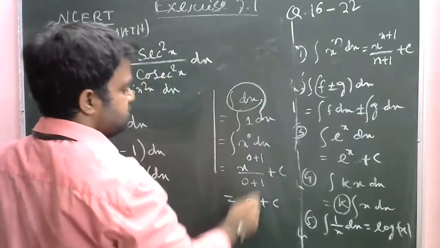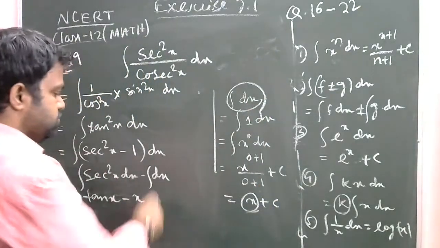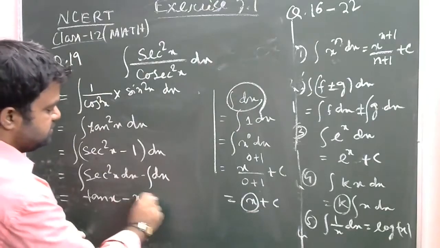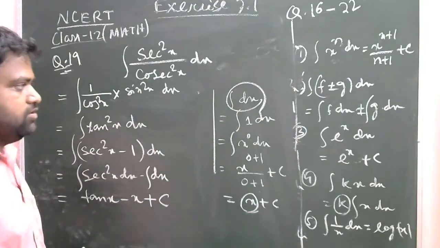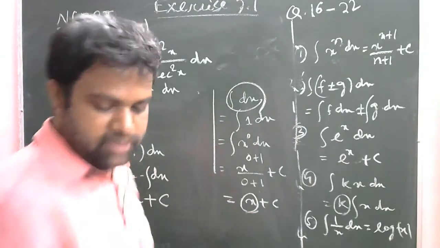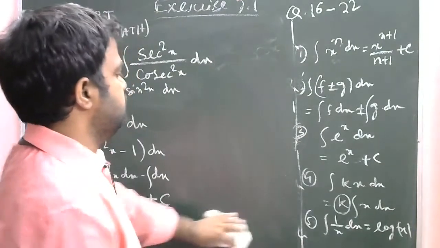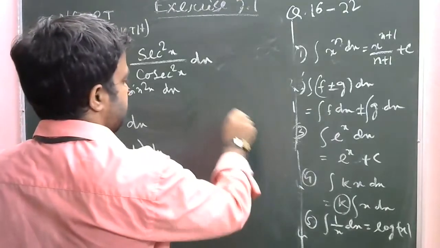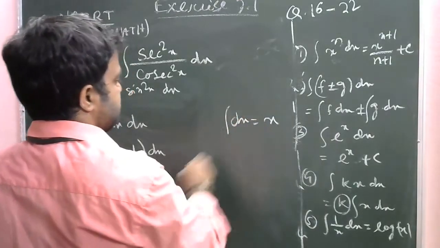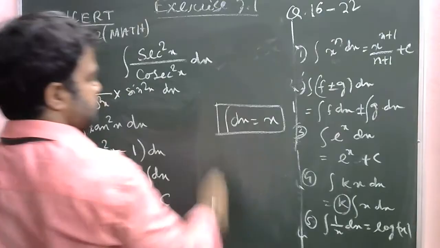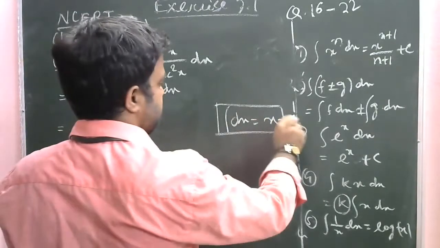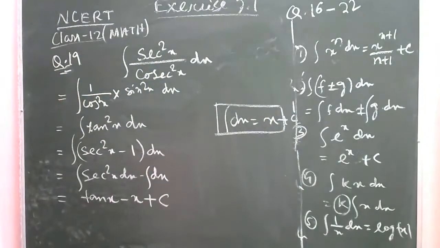So integration of dx is x plus c. Remember this one. Integration of dx is x plus c. So the answer is tan x minus x plus c.